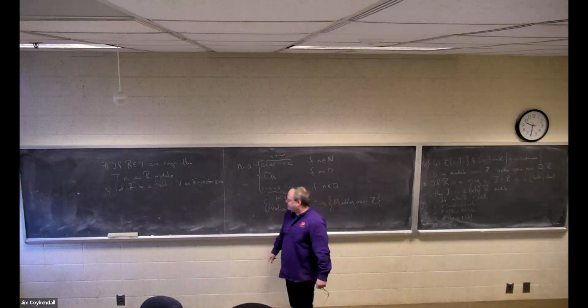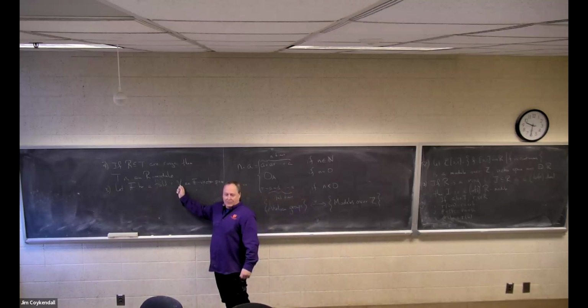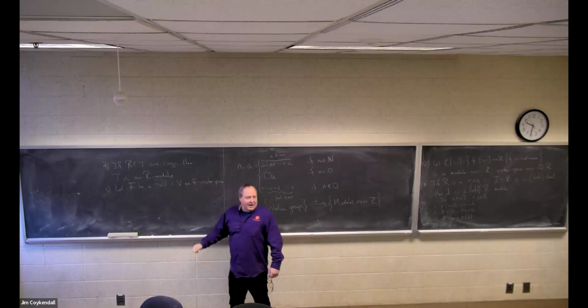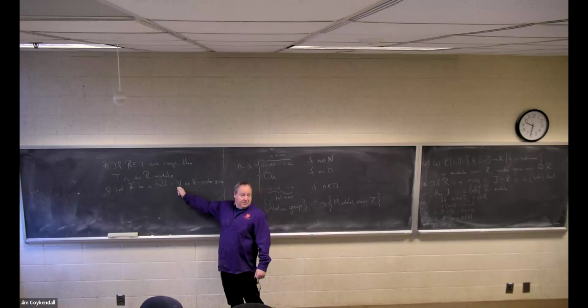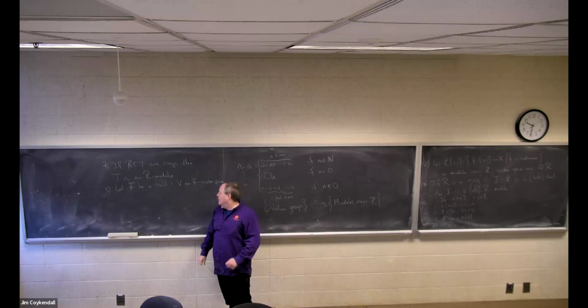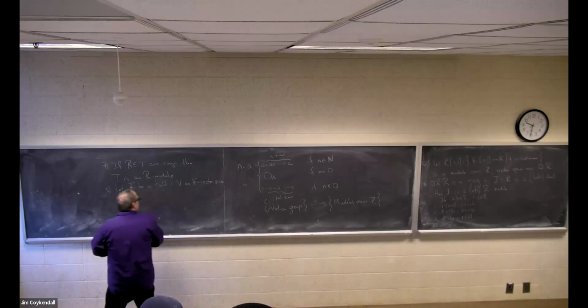Easy. Can anybody describe to me what V has to look like? As a module, any vector space over a field is a direct sum of some number of copies of the field, period. It could be big. This could be an uncountable direct sum of copies of F. But if this is a finite dimensional vector space, this is always F^n, no matter what. And we'll see why that's true later.